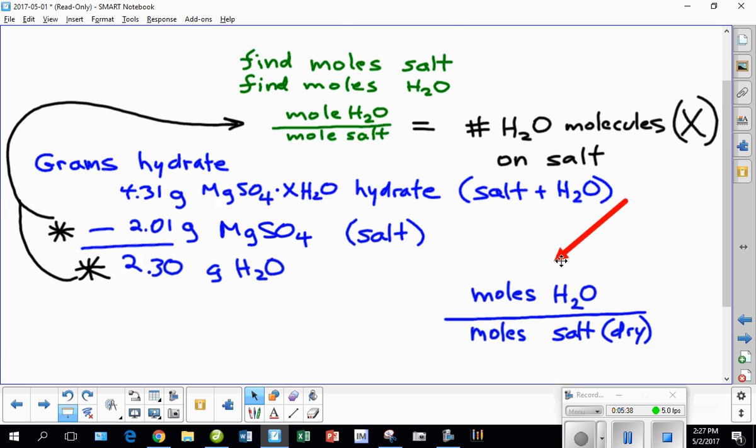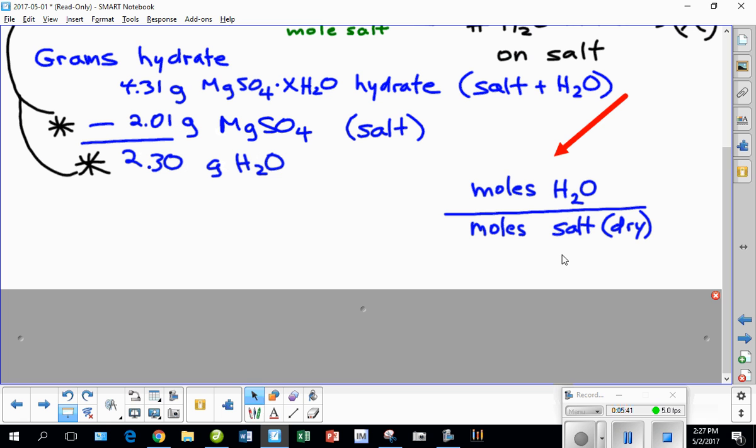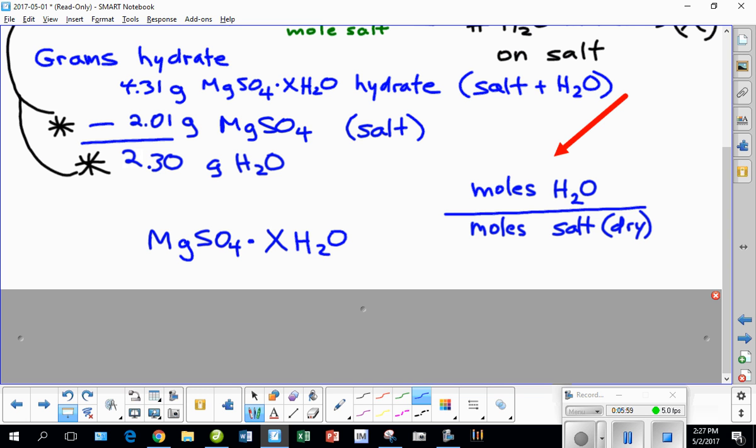And so that formula of this hydrate would be magnesium sulfate, whatever X is, which we haven't calculated here in real numbers yet, and this would be water. So that X is what this calculates. Okay? All formula of the hydrate problems have to give you, at a minimum, this piece of information and this one.